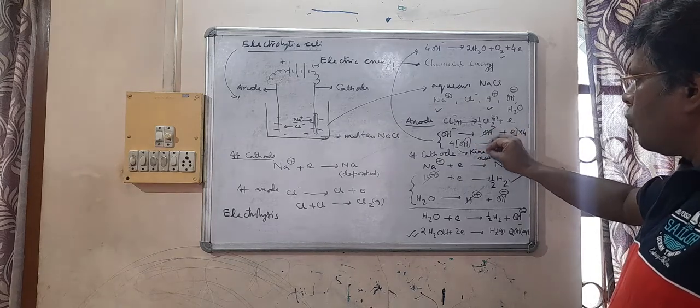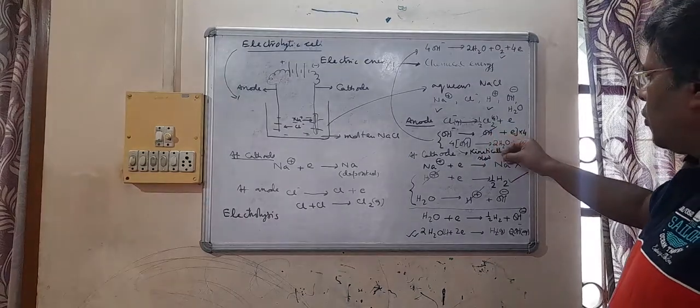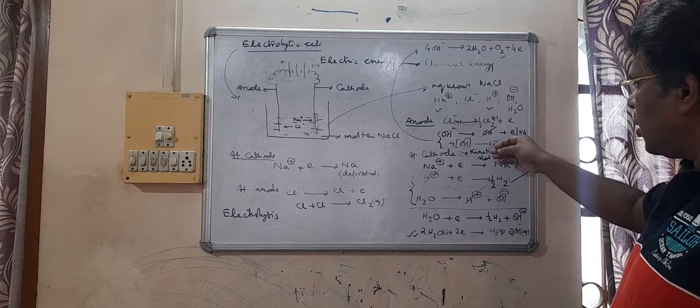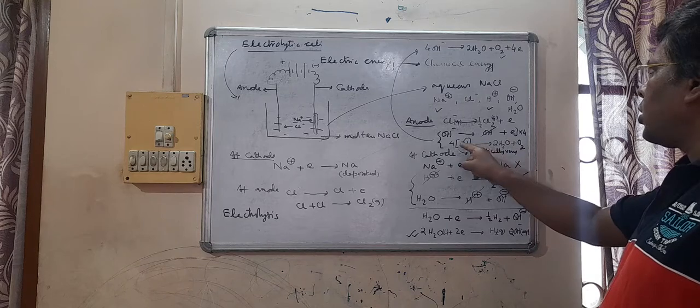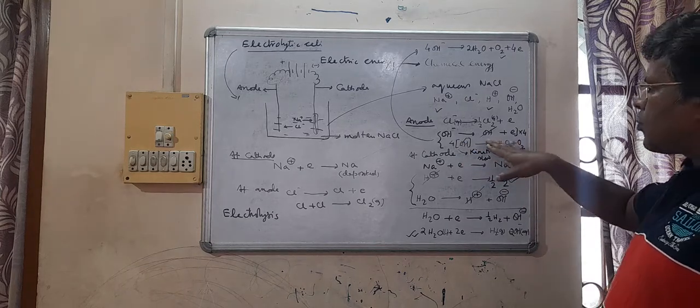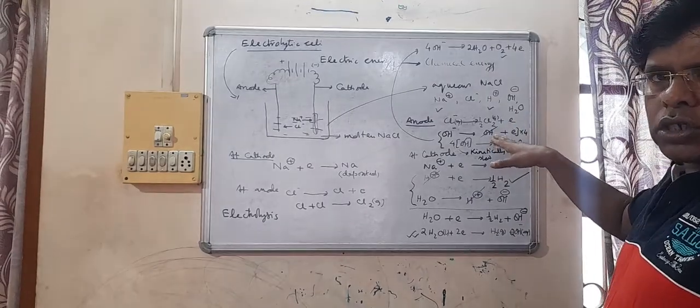we need more voltage. Since we need more voltage, that's why this process does not take place. So why does this process not take place, even if it has more oxidation potential?